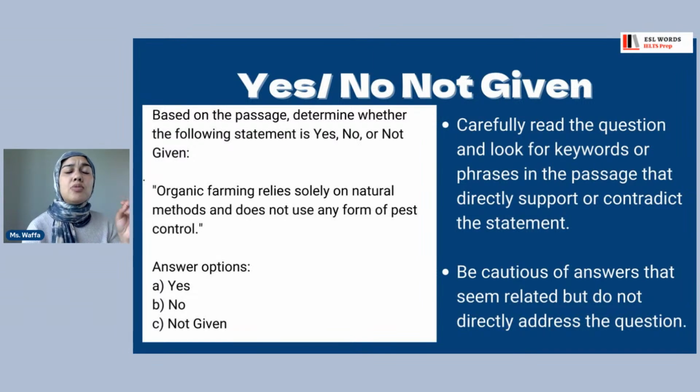Remember this, and this will definitely help you pass this type of question. If you are given it, you will be able to find the answer. It's so important that you know these strategies, whether you need to read the passage first and then go to the questions, or you need to go to the questions first and then the passage.